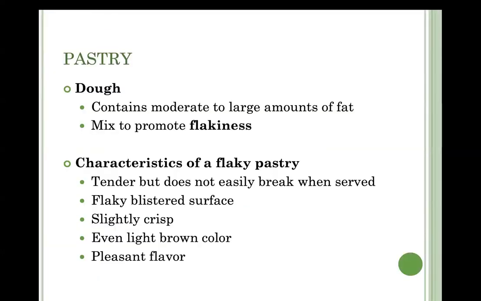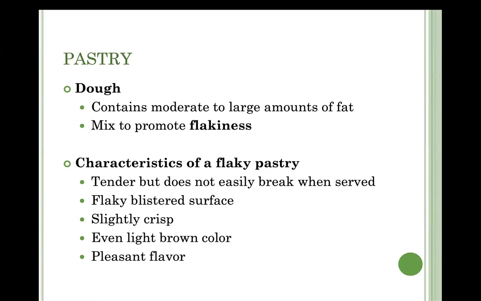So your basic pastries. We've got different types of dough. Your dough does contain a moderate to large amount of fat. Think of croissants. So this mix is to promote flakiness. We're using high amounts of fat, plastic fats, or cold fats that are solid at room temperature, to get something that's nice and flaky.